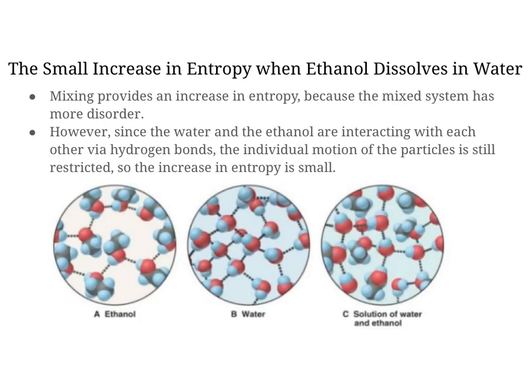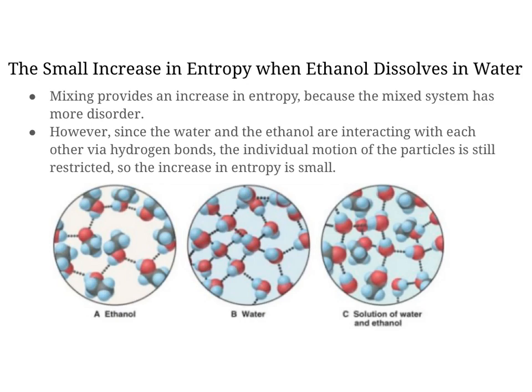So if I take something like ethanol, which is C2H5OH, and I dissolve it into water, what ends up happening is that there's going to be an increase in entropy, but not a lot.